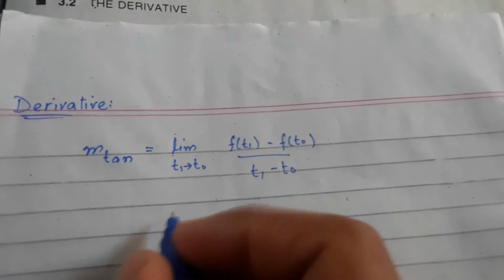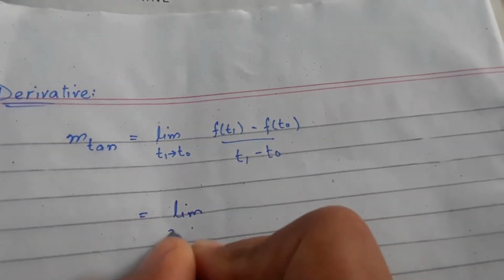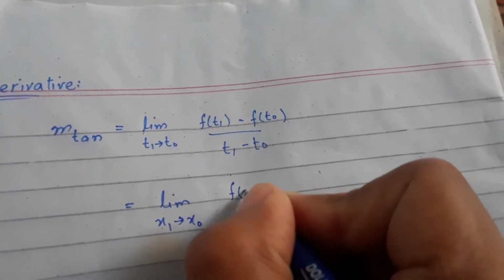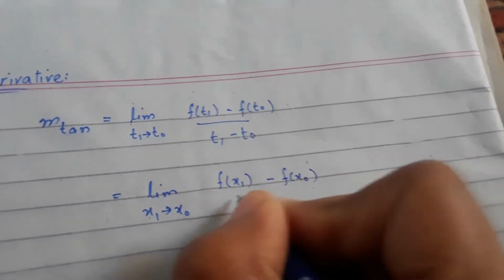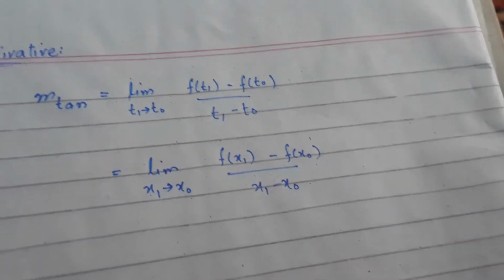Or the other definition that we did was limit x1 approaches x0 f of x1 minus f of x0 divided by x1 minus x0.